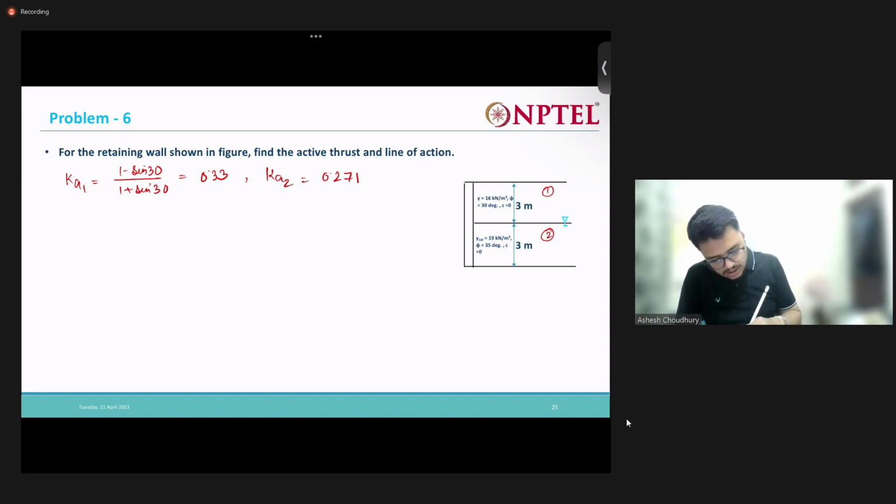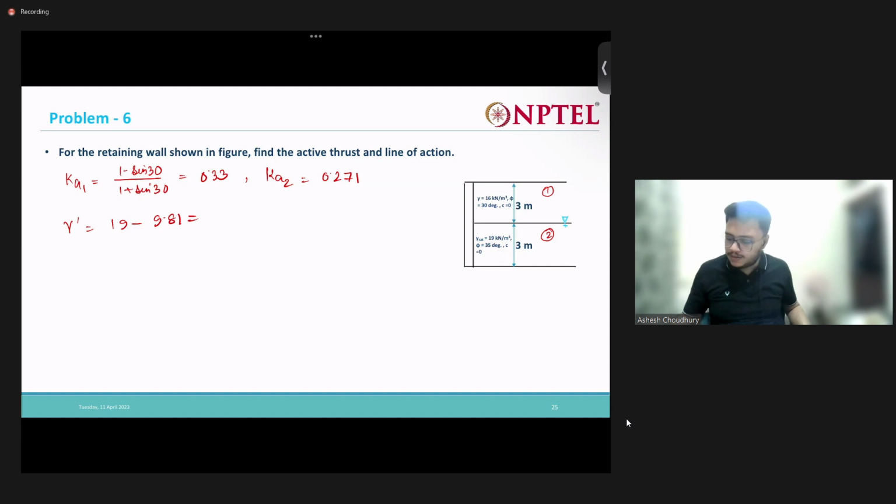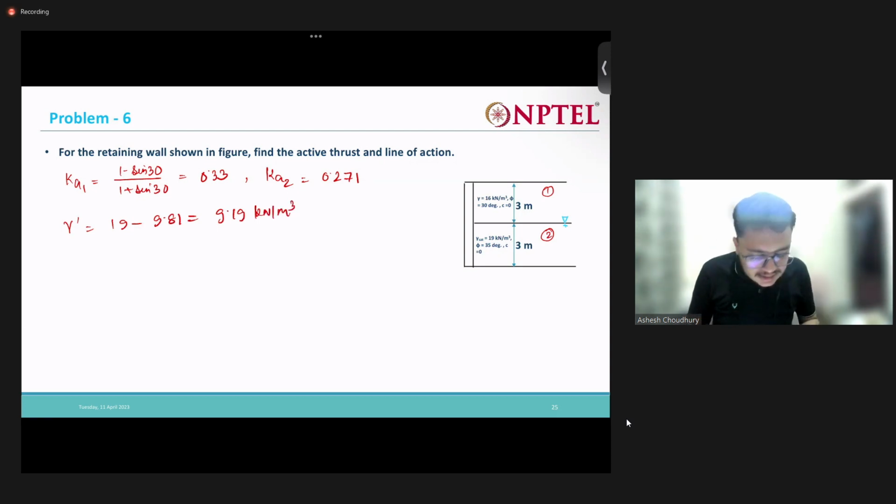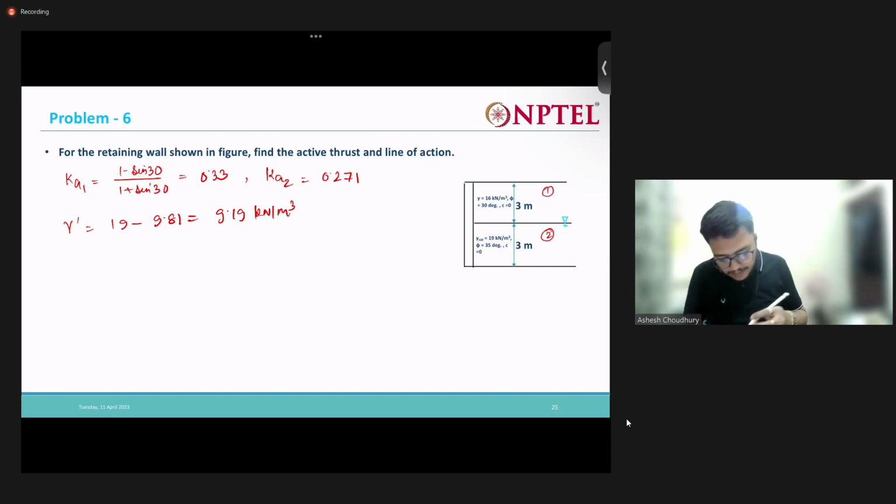So let us find the submerged unit weight: 19 minus 9.81 is 9.19. Now for the upper part, you will have this kind of variation.